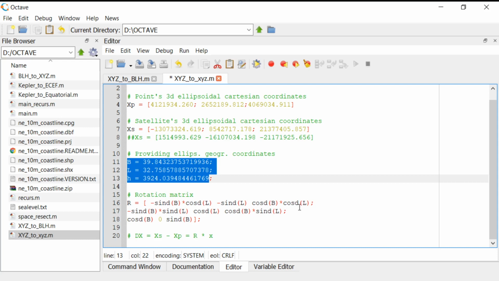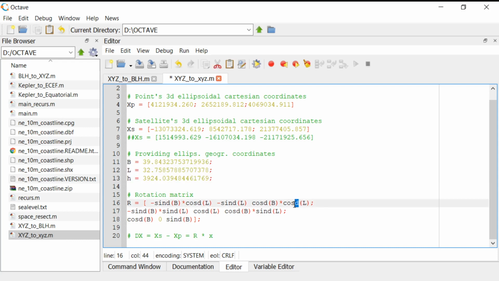So that's why I put here the cos d function and sine d function. Sine db, sine dl, cos dl, cos db, sine dl, cos dl. Yes, this is correct. Now let's save and run again.